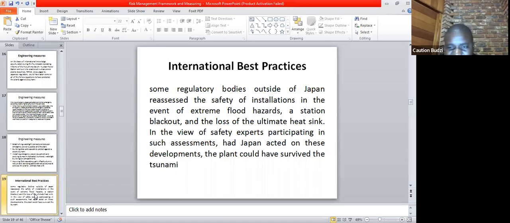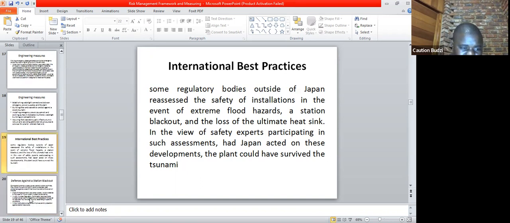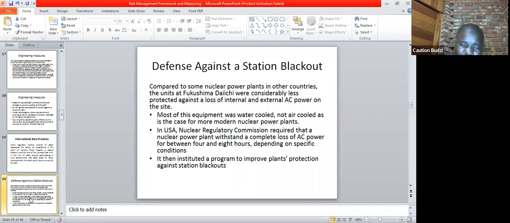Some regulatory bodies outside of Japan reassessed the safety of installations in the event of extreme flood hazard, a station blackout, and the loss of ultimate heat sink. In the view of safety experts participating in such assessments, had Japan acted on these developments, the plants could have survived the tsunami.